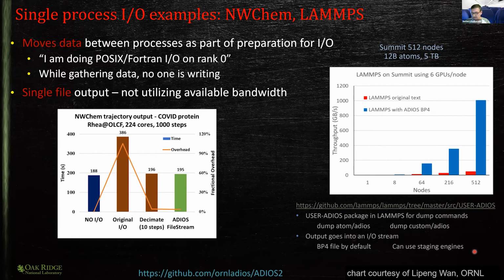So they would like to write every single one and then throw away later, but just keep the sections that are important. Changing to ADIOS, with every process writing and doing the aggregation in ADIOS itself, is so fast in NWChem and in LAMMPS that you can just write every single step to the disk and don't worry about it anymore, right?